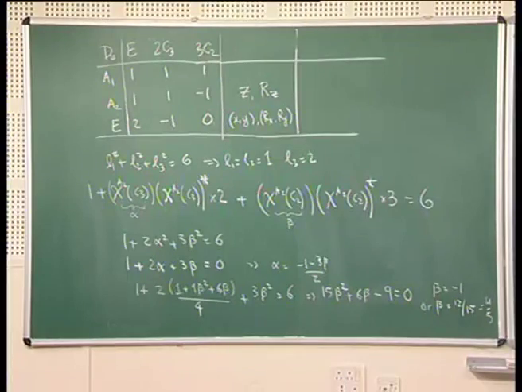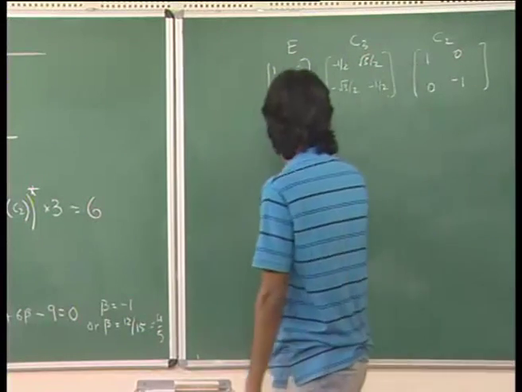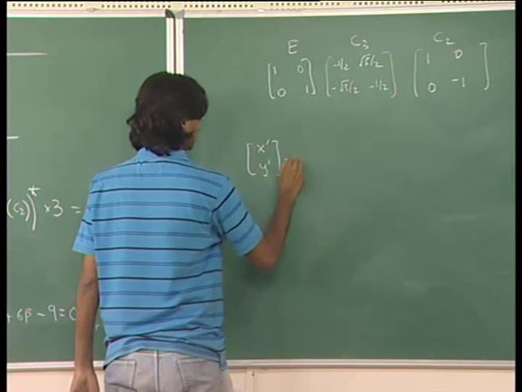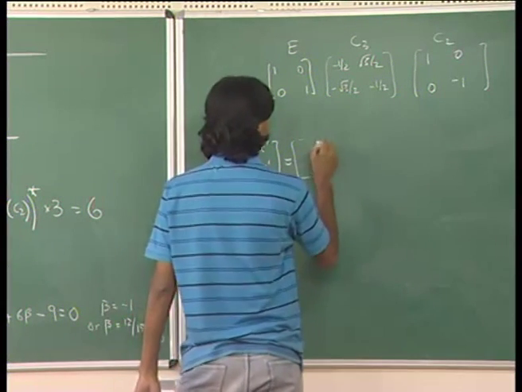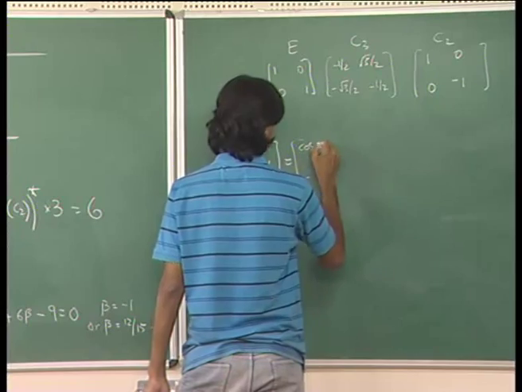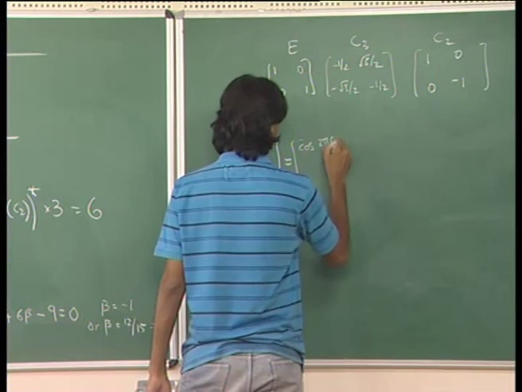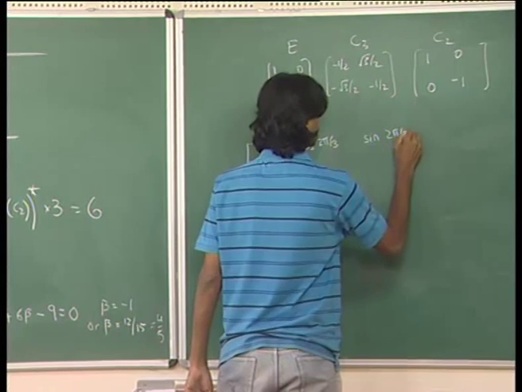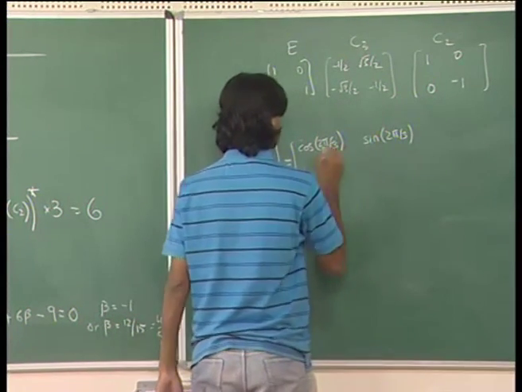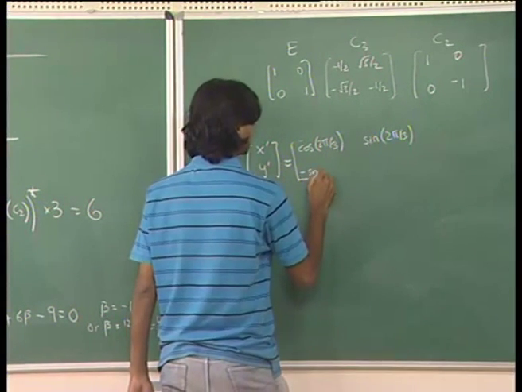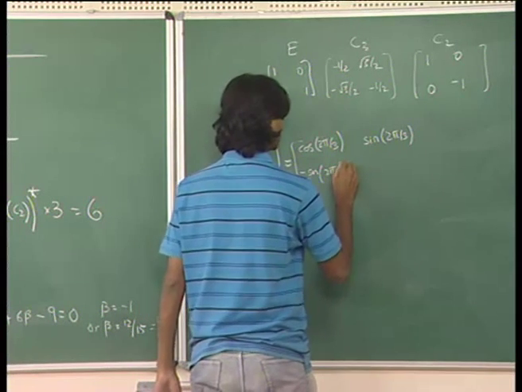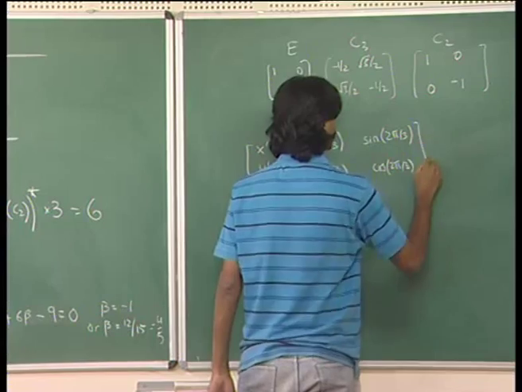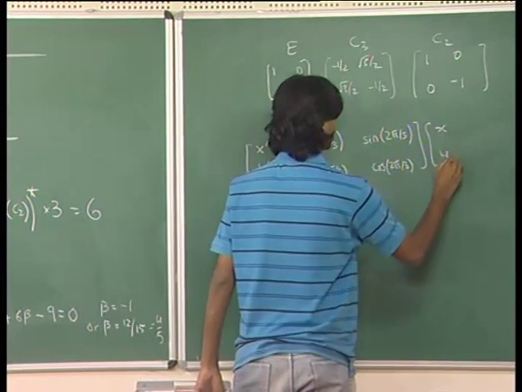Okay. Then the new vector will be x prime y prime, okay, and this can be written as the matrix cos 2 pi by 3, sin 2 pi by 3, minus sin 2 pi by 3, cos 2 pi by 3, times x y.